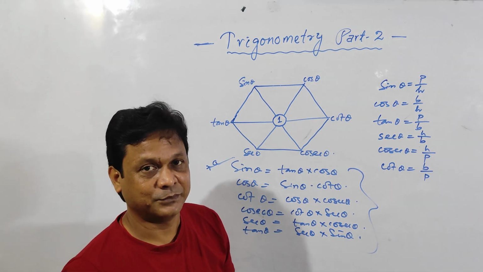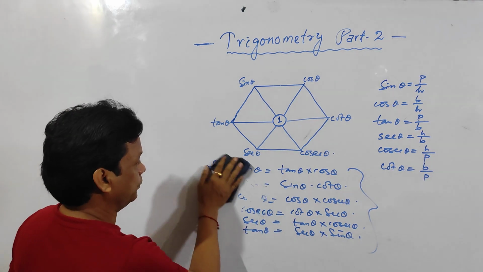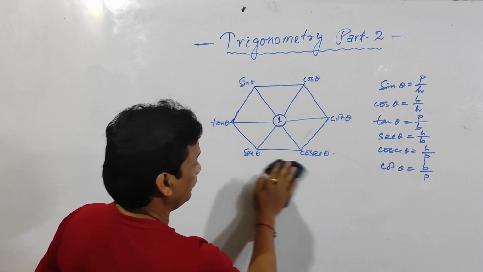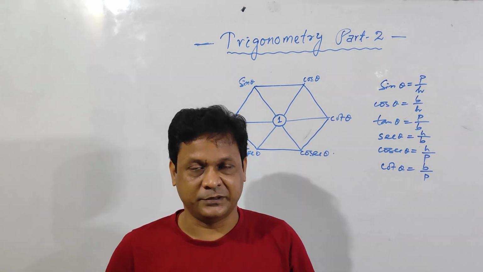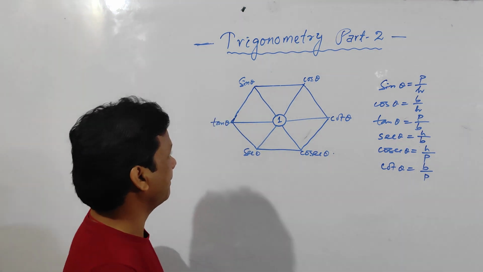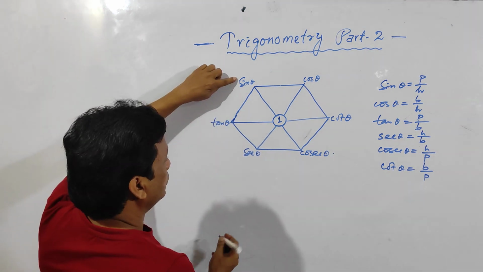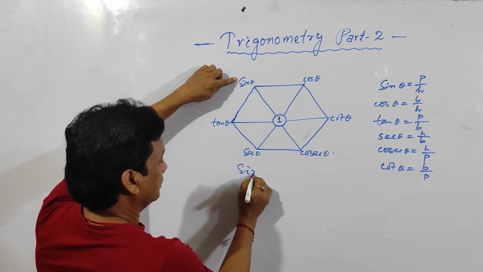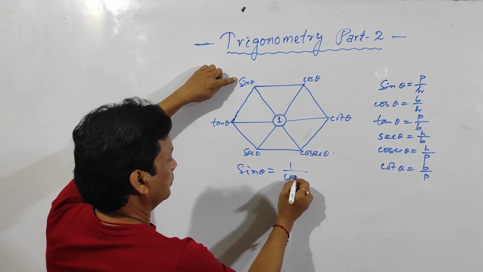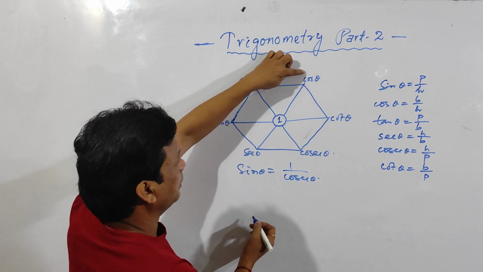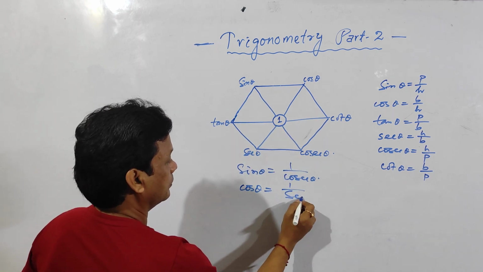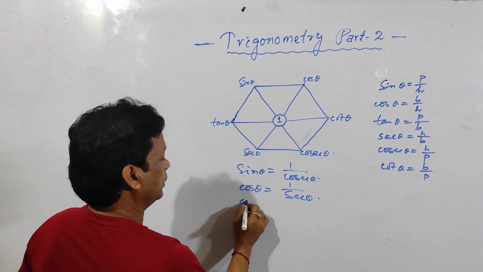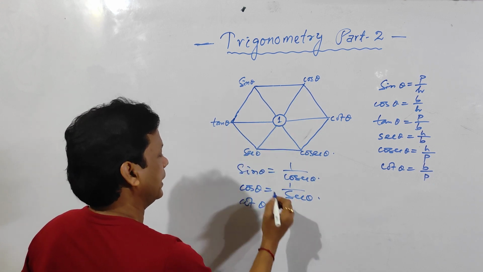Again, another 6 formulas I am going to find out. I have written here 1. There is some logic behind it. See here, sin theta is equal to 1 by cosec theta. Similarly, cos theta is equal to 1 by sec theta. Cot theta is equal to 1 by tan theta.